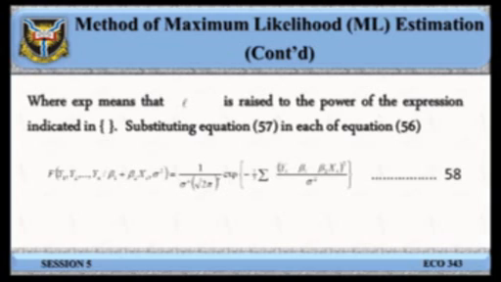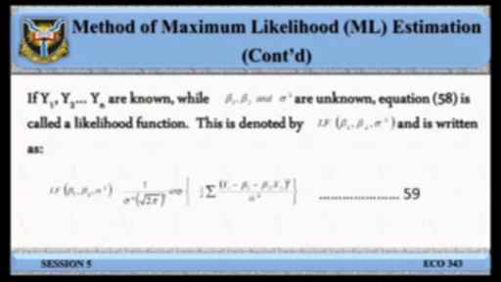Substitute equation 57 in each of equation 56. We obtain the formula below. If y1, y2, yn are known, while beta 1, beta 2, and variance are unknown, equation 58 is called a likelihood function.